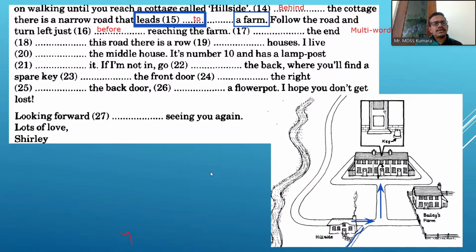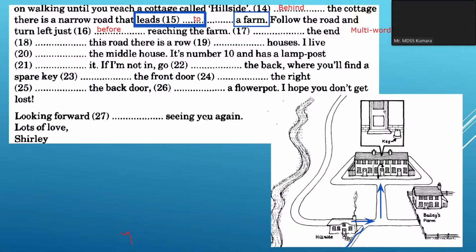Behind the cottage, there's a narrow road that leads to a farm. Follow the road and turn left just before reaching the farm. Blank the end, blank this road. In the end, on this side. At. Yes, at the end.